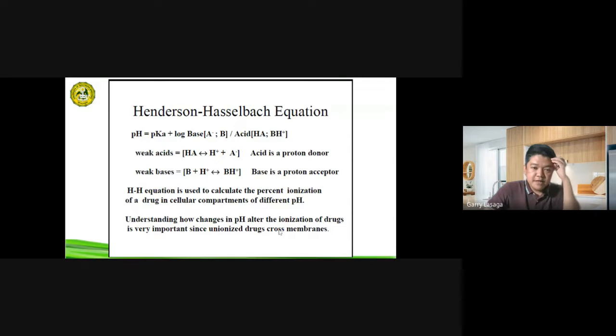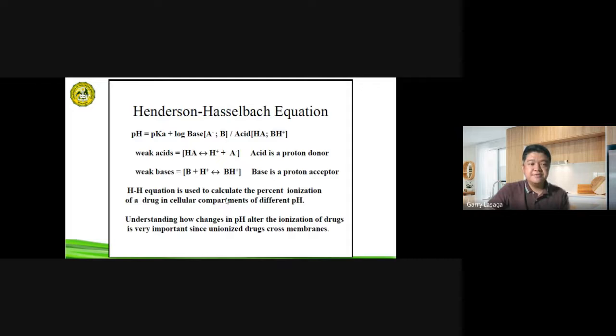So in this Henderson-Hasselbalch equation, since we refer to the absorption of drugs, when we say cellular compartments, we refer to the different organs in the body. So for example, the stomach, intestine, the fetal fluid, maternal fluid, placental fluid.